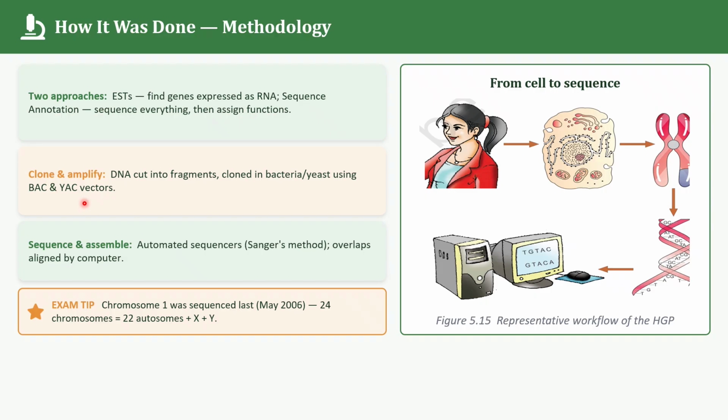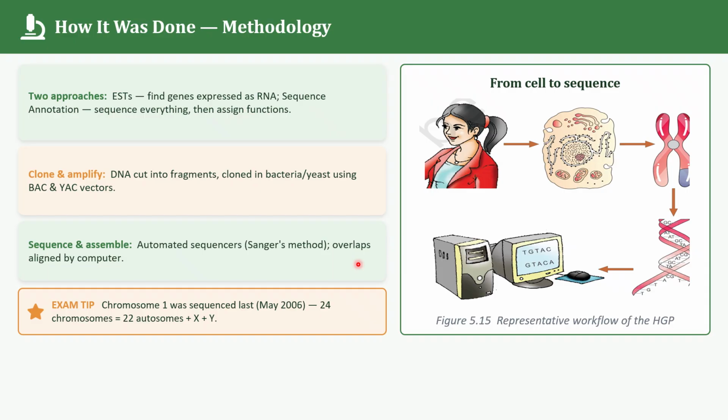The next step is sequencing. In sequencing, the DNA fragments are sequenced using automated DNA sequencers. These machines work on the principle of the method developed by Frederick Sanger. And next is sequence assembly. After sequencing, scientists have many small DNA sequences.